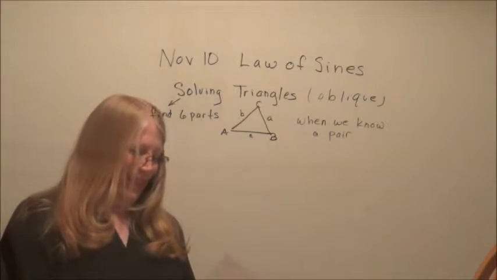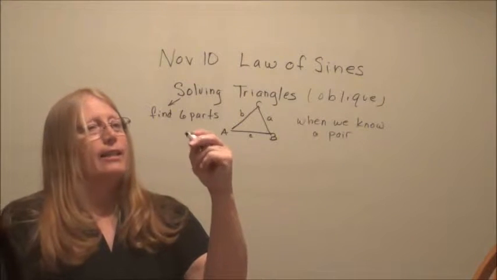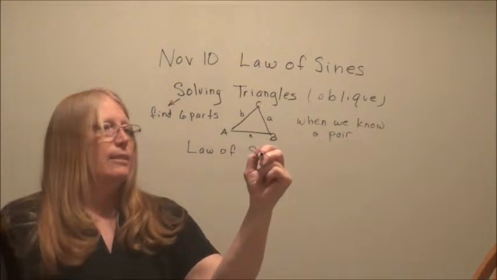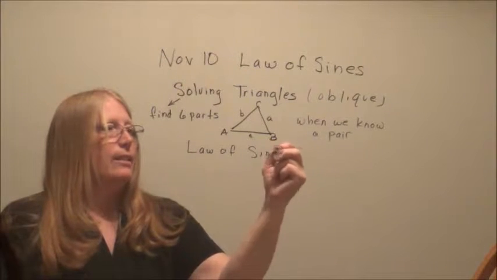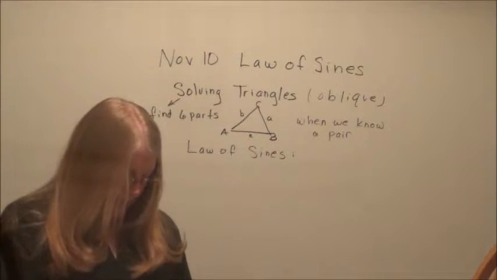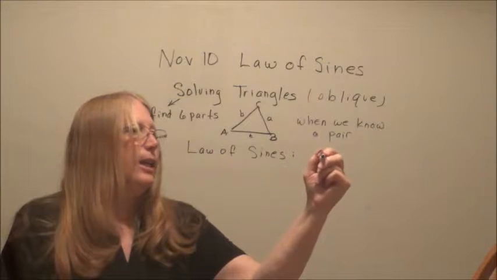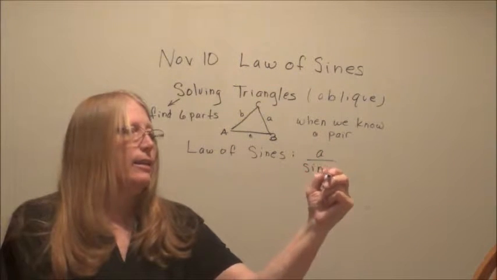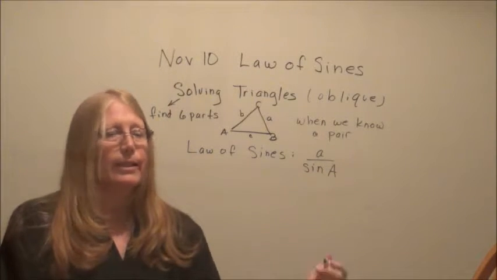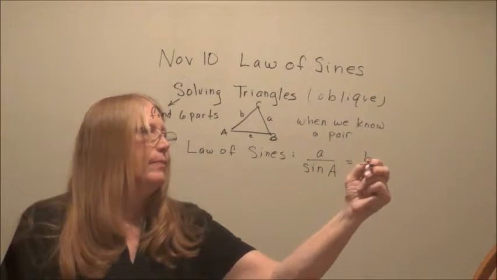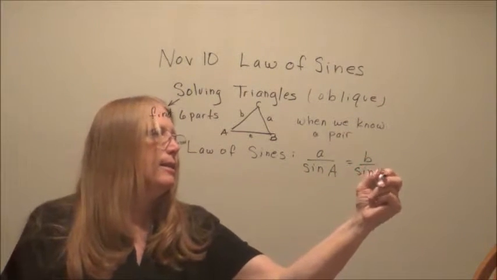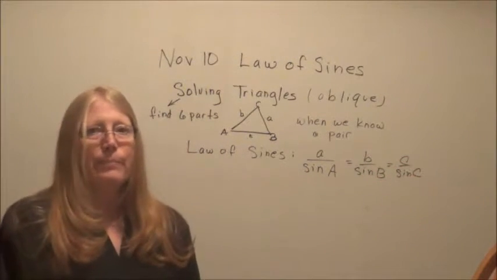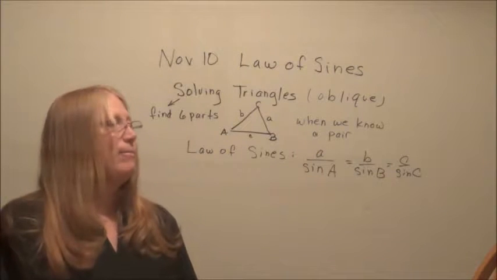Let me give you the law of sines. The law of sines in its glory is little a, which indicates a side of a triangle, over sine of the angle opposite, equals b over sine B, equals c over sine C. Does that look familiar? Hopefully.